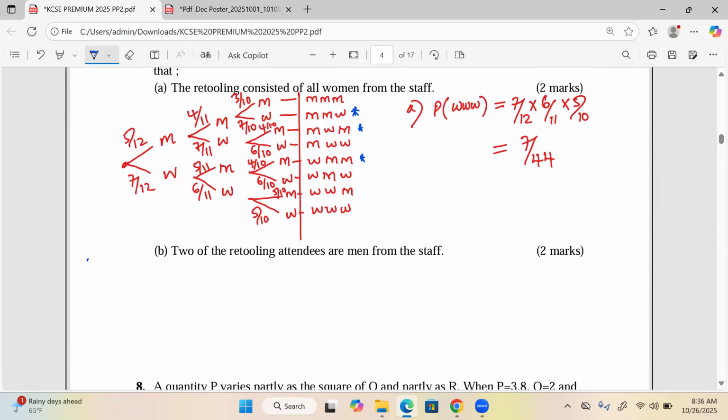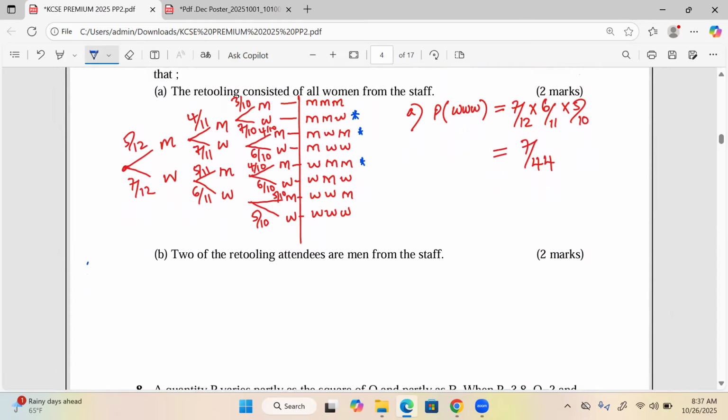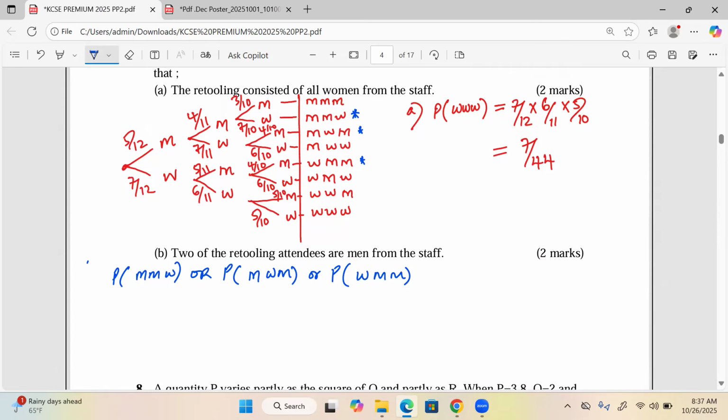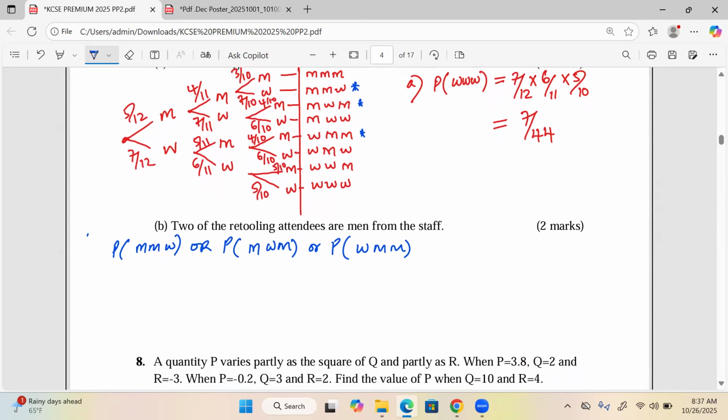So it's probability man, man, woman, or probability man, woman, man again, or probability woman, man, man. I don't think there is an option that I'm leaving out. Yeah, I think those are the cases.